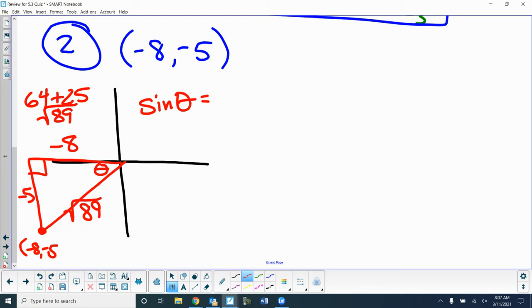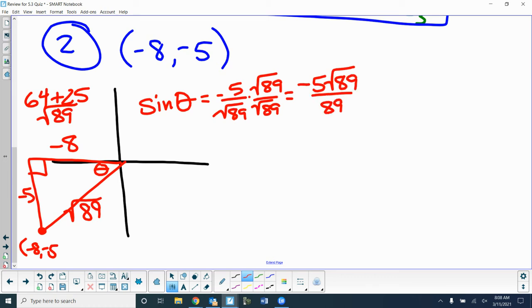Sine, opposite -5 over the square root of 89. Remember, some of you forgot this last week, you have to rationalize. So it's -5 times the square root of 89 over 89. Okay? So this wasn't a nice number.